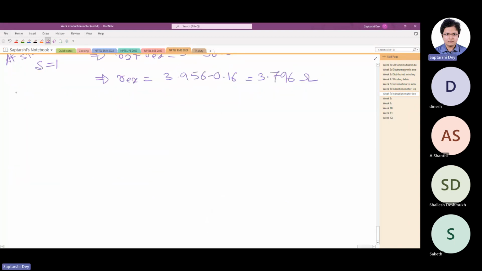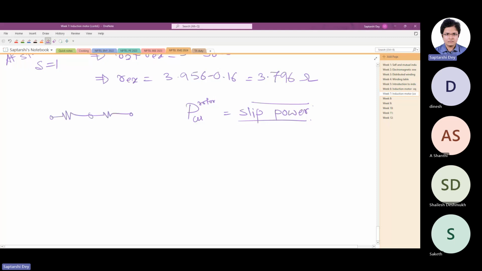Something I want to just tell you, as I said, the rotor copper loss is called the slip power. Say for example here what we did is, with the rotor resistance in series we added another resistance.